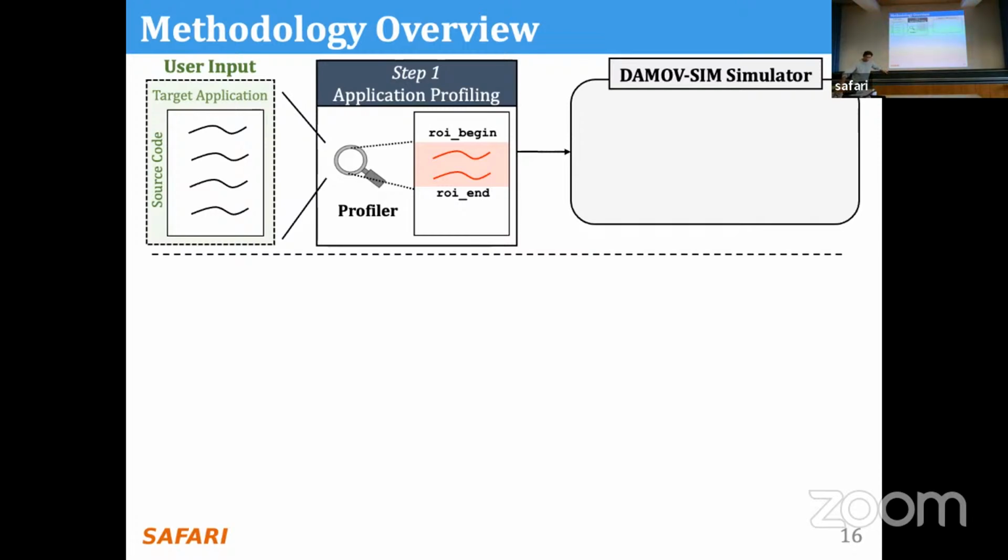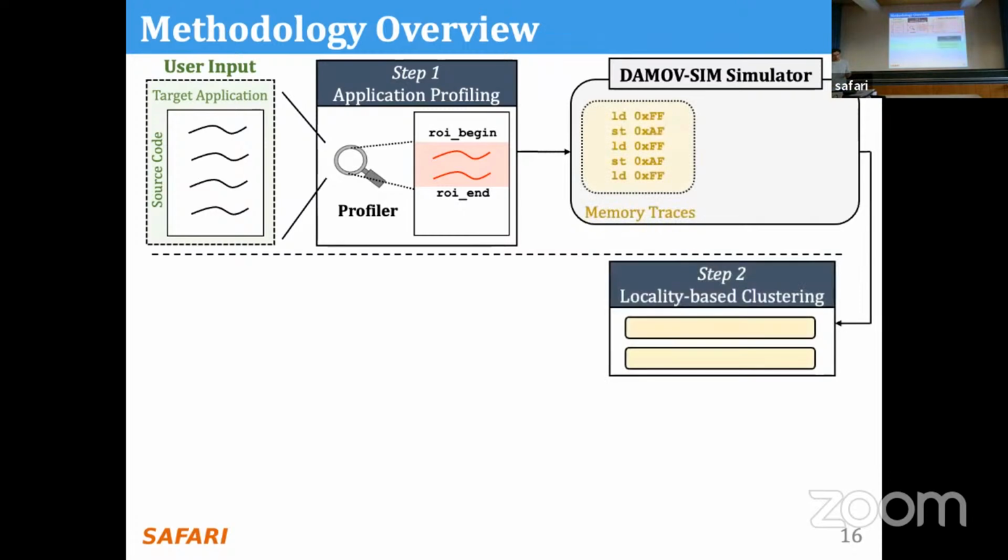But if we want to go deeper and go to a more comprehensive analysis, then the methodology can be a pretty useful one. The methodology comes with a simulator, and with this simulator, it's possible to, first of all, obtain some memory traces that basically are the sequence of addresses that will be accessed over the execution of the program.